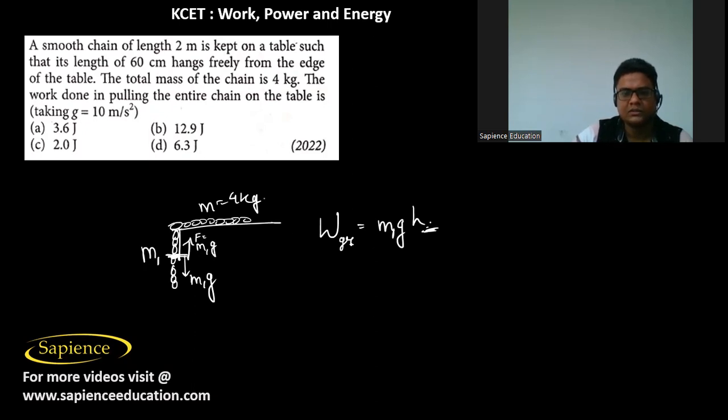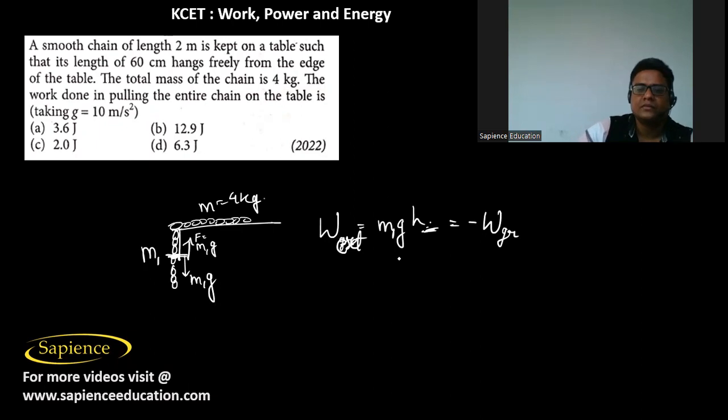So the work done against gravity means the work done by this external force, that is actually the negative of the work done by gravity. It will be that force into h, and that force is m1g, which is upwards.